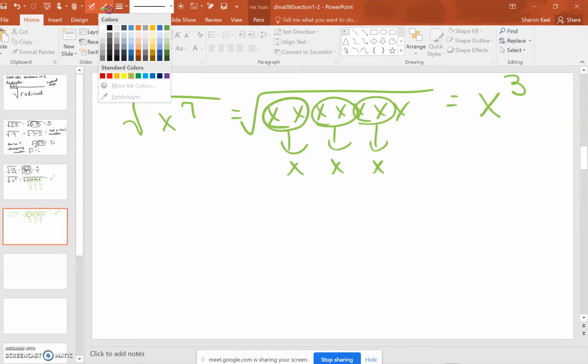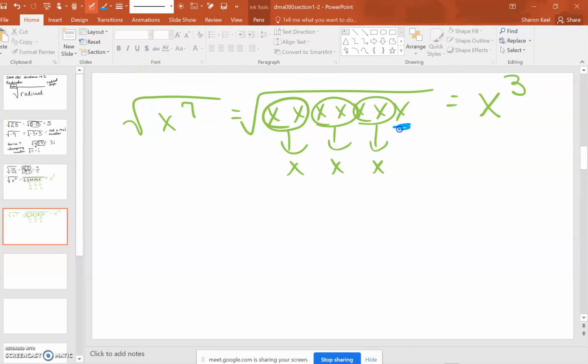But notice, there is still a single x that's left over, so I would write square root of x, still having a leftover x underneath. I know that's jumping a little bit ahead, but it's always a good teachable moment to look at it. So 7 divided by 2 leaves me with 3, so 3 x's come out. 3 times 2 is 6, and when I take 6 away from 7, I have that 1 extra left over, so it's still left under the square root sign.